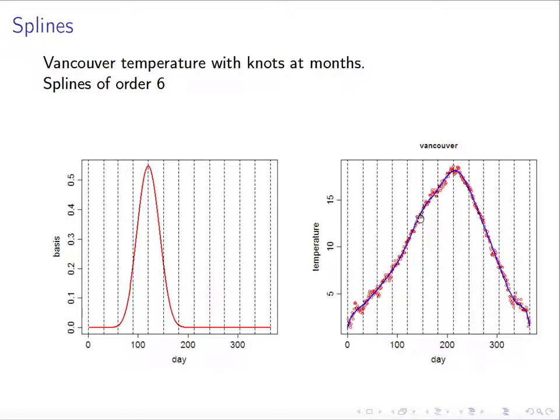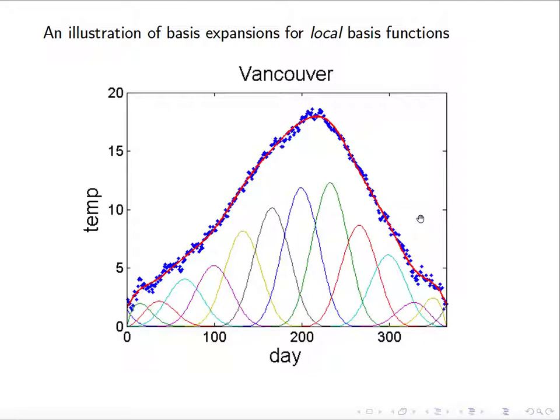Similarly, if we want to estimate the second derivative of the function, we will use order 6 B-splines. The reason is we want to make sure the second derivative of the estimated function is continuous. So this is basically the principle when choosing B-splines.